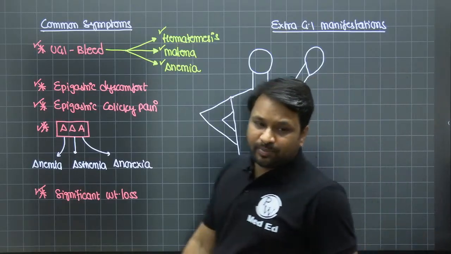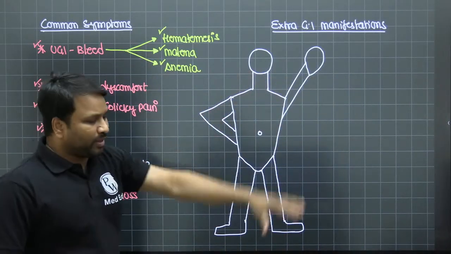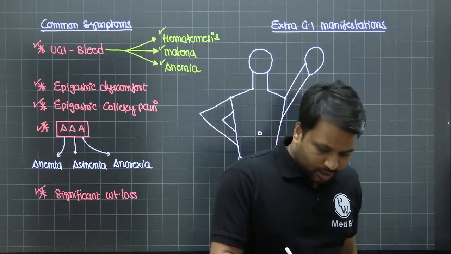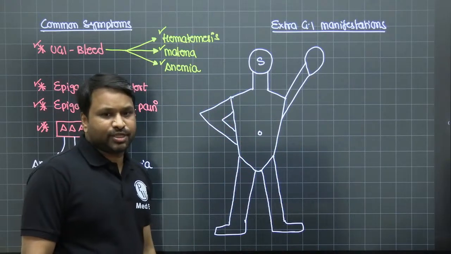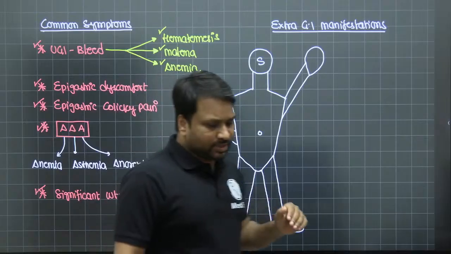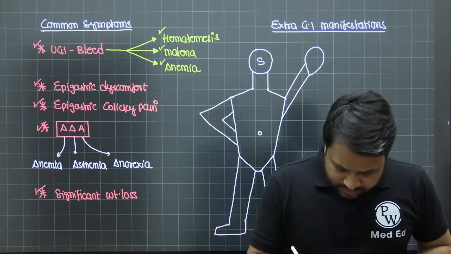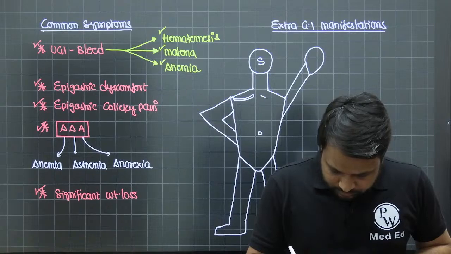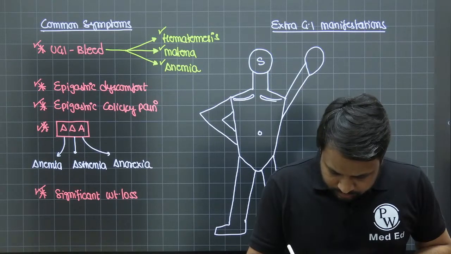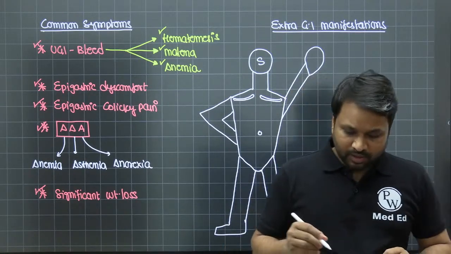There could be multiple enlarged lymph nodes. Our Superman is going to tell you the extra-GI manifestations you are going to have for carcinoma stomach. Just for the sake of understanding, this is where you have the clavicle.